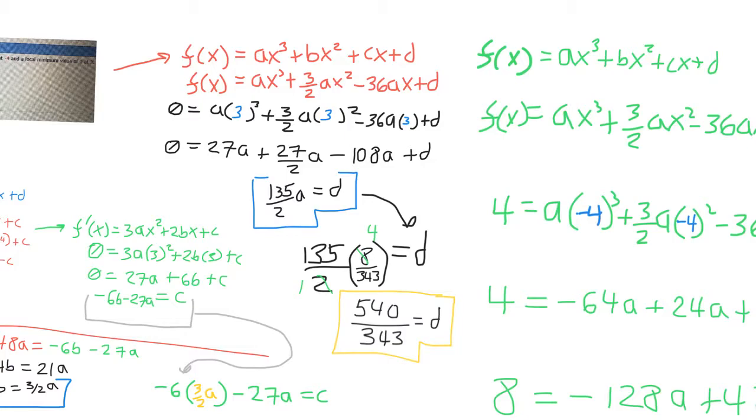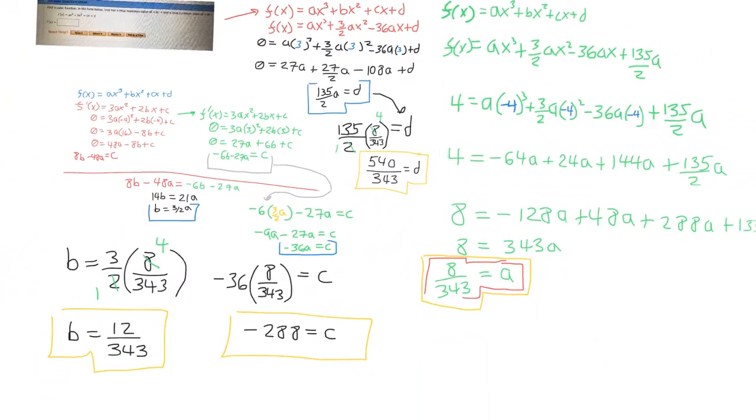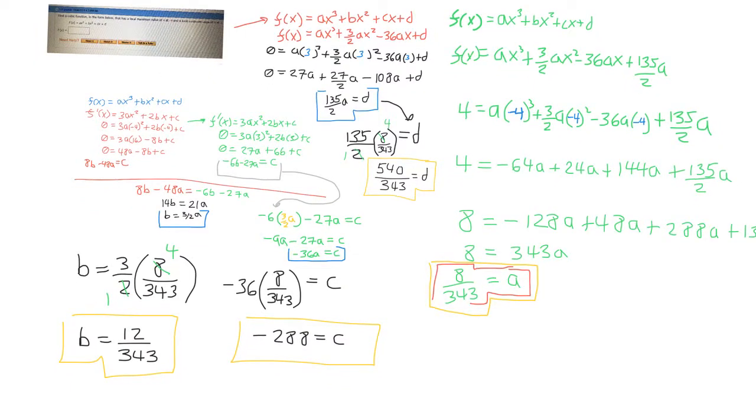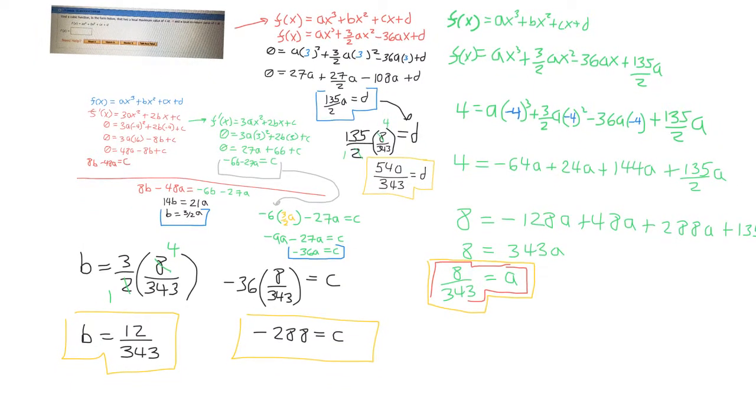So let's kind of back up and get the big picture. Focusing on the yellow boxes, we now know what A is. It's 8 over 343. We figured out what B is. It's 12 over 343. We just figured out what C is. It's negative 288. And we just figured out what D is. That's 540 over 343.